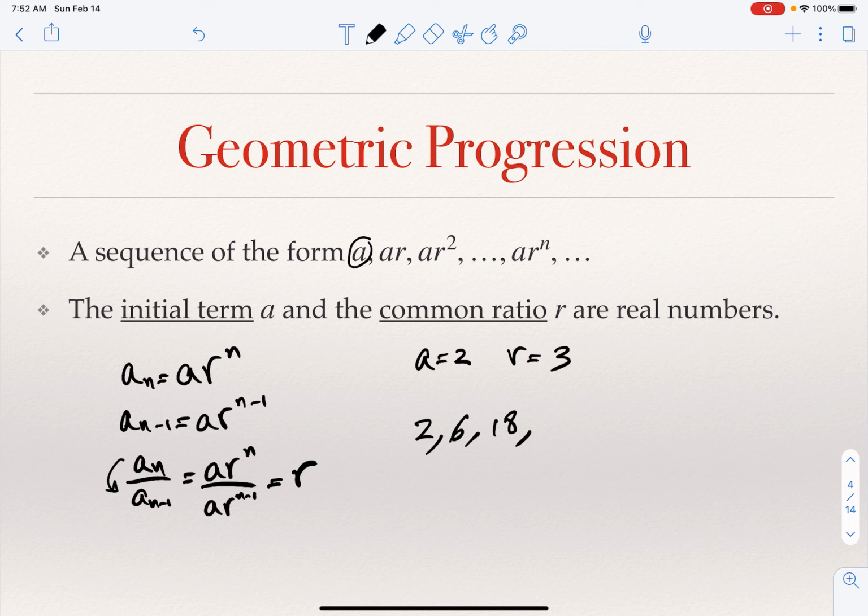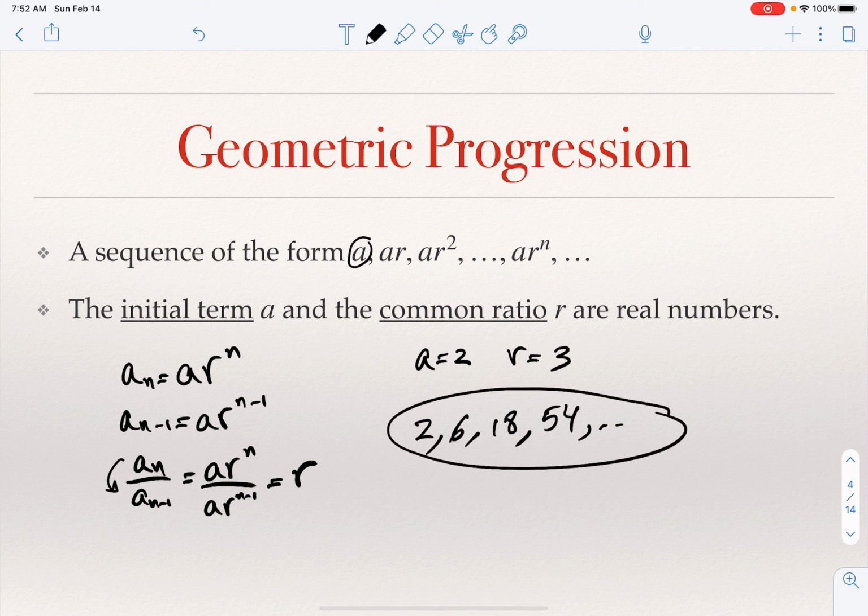Sorry, so the first one is a, the second is ar, which is 6. The third is ar squared, which is 18. The fourth would be ar cubed, so 2 times 27, which is 54, and so on. So this one here is a geometric progression.